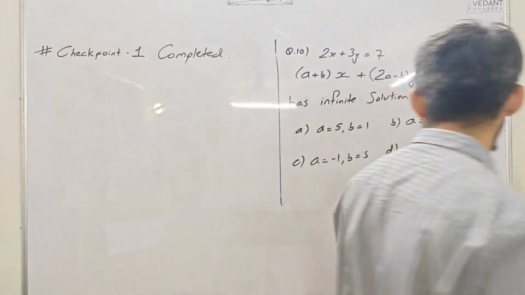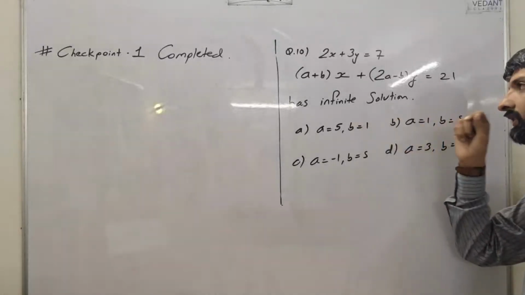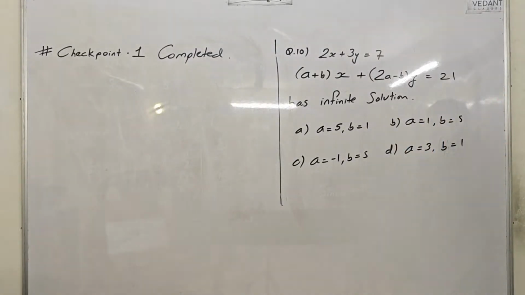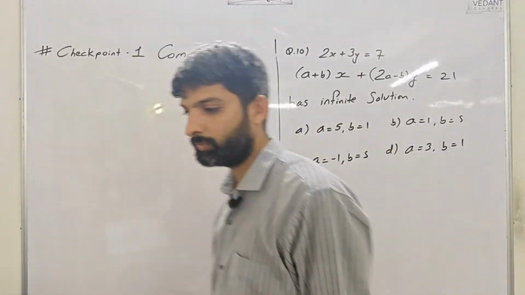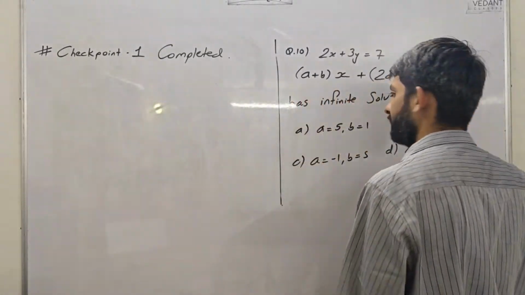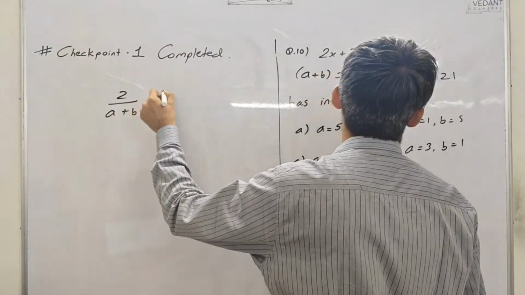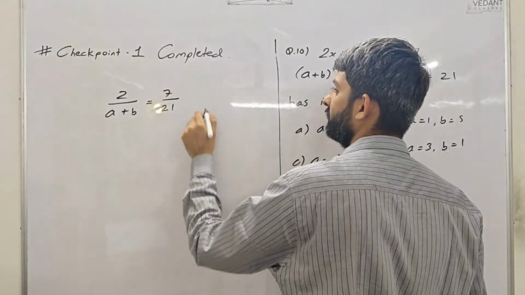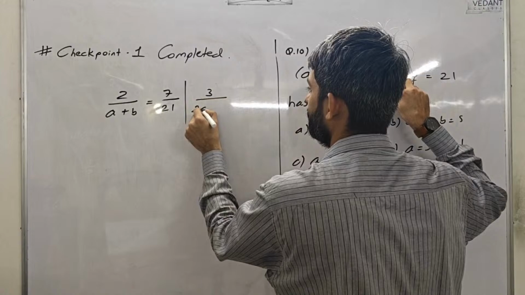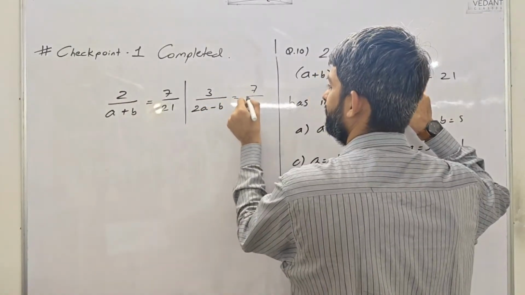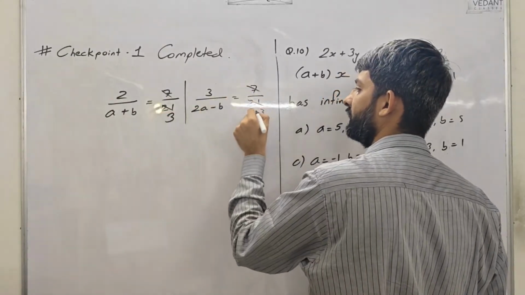Getting the answer from linear equation, you need to make the linear equation. Here you can see infinite solutions are there. So you need to take the ratio with respect to C1 and C2. So if I write 2 upon a plus b, then I have to write 7 by 21. For this, if I write 3 upon 2a minus b, then it is 7 by 21, 3 and 3.